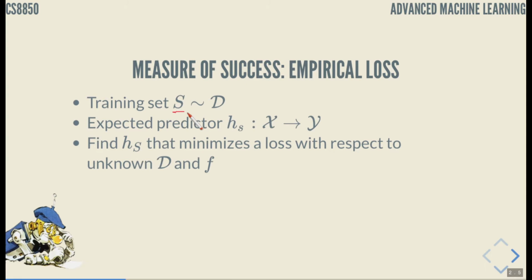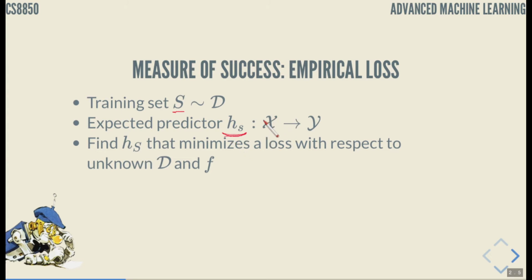So our expected predictor that we will get in this way is H with a subscript of S. This predictor we can optimize, or have optimized, on a subset of the whole data, right?